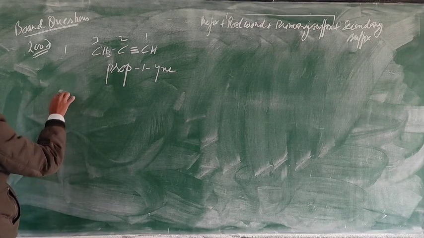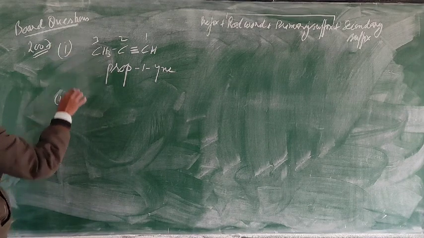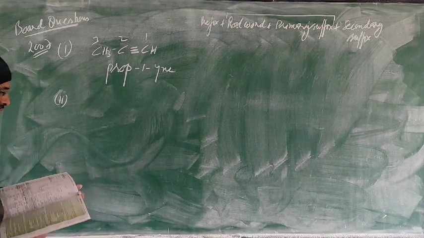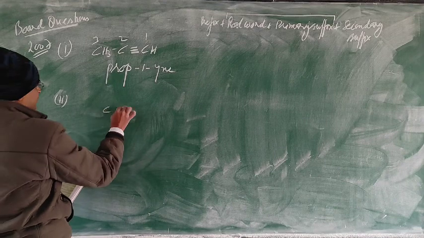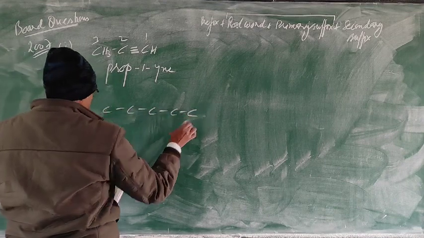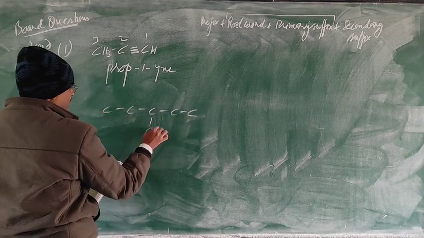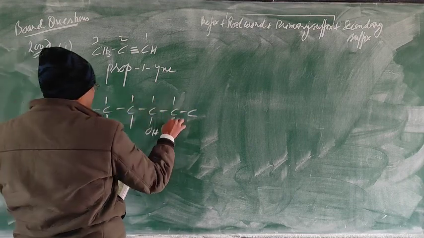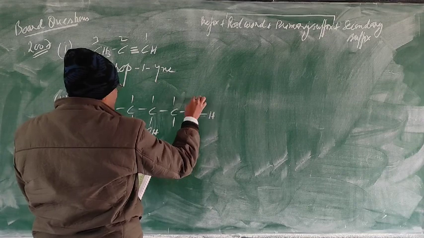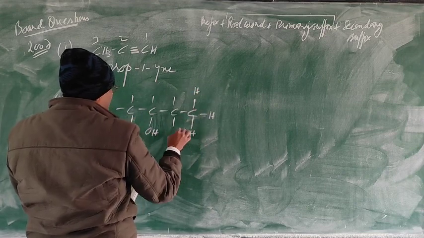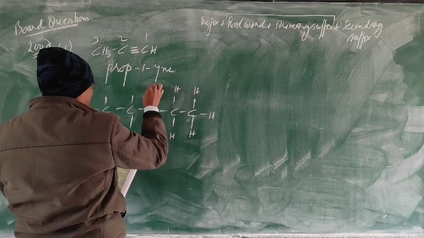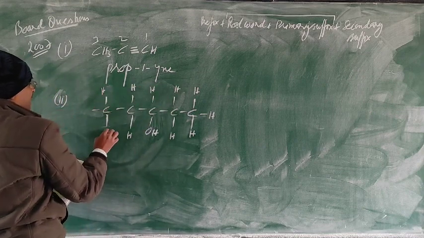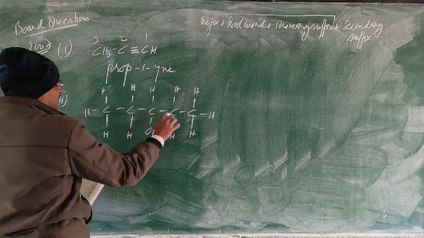Now the second structure is given; just go through your book. In this structure also, no substituent is given, but a functional group is there, so the secondary suffix will come. This is the longest carbon chain.